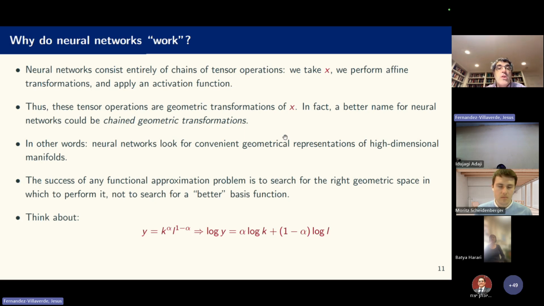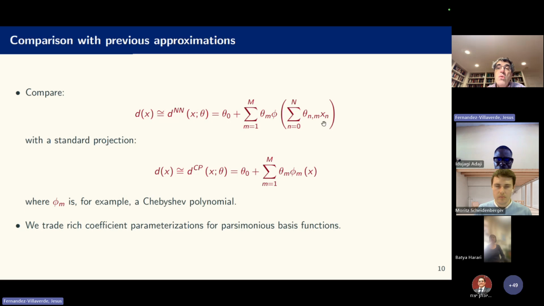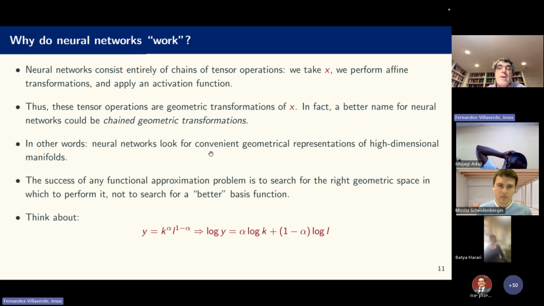Strictly speaking, you are looking for a convenient geometrical representation of high dimensional manifolds. You can show carefully, and if I had a little bit more time, I could go over the theorems, that by doing these linear transformations and then applying this activation function, you are actually finding a very convenient geometrical representation of the problem.